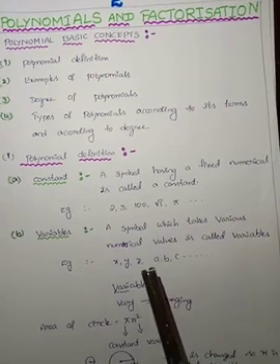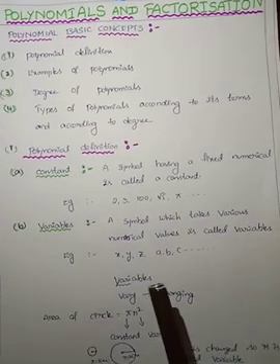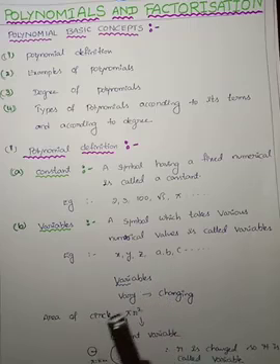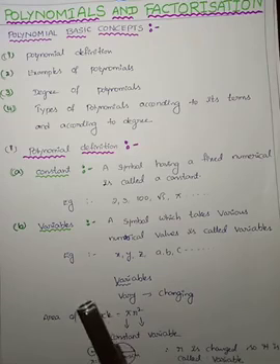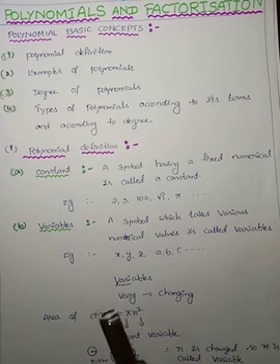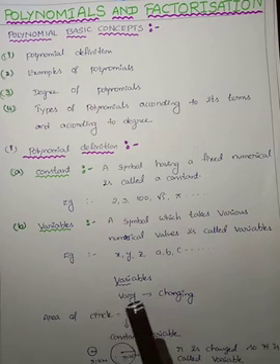Now there is one more example. Take a square, where all four sides are equal. If the side is 1 centimeter, then the perimeter of the square is 4s.